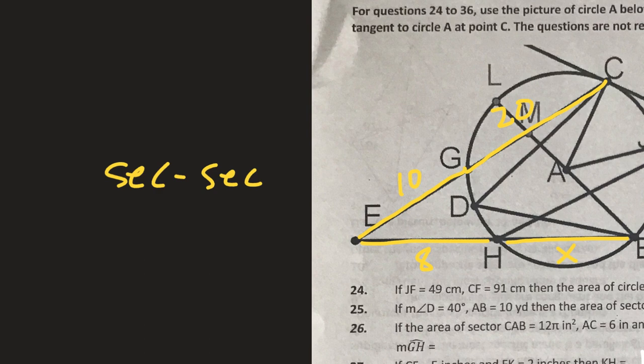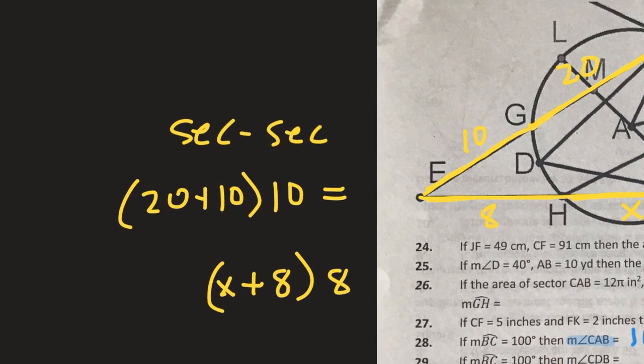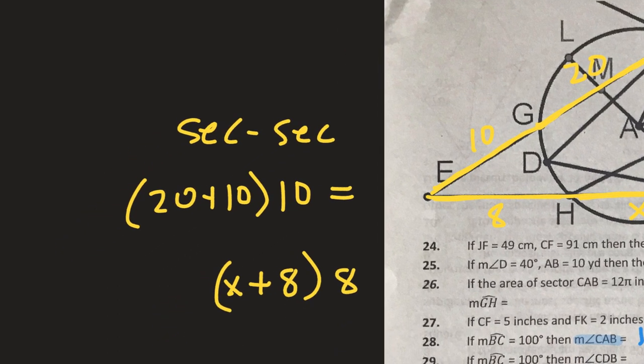Secant segments. So we're going to use that secant segment formula, which says the inside plus the outside times the outside, right? So I'm doing 20, which is an inside part, plus the outside part of 10, equals the inside plus the outside, that's the entire length, times the outside for your bottom one. Knowing whether it's an angle problem or a secant problem, there's no degrees on any of these.